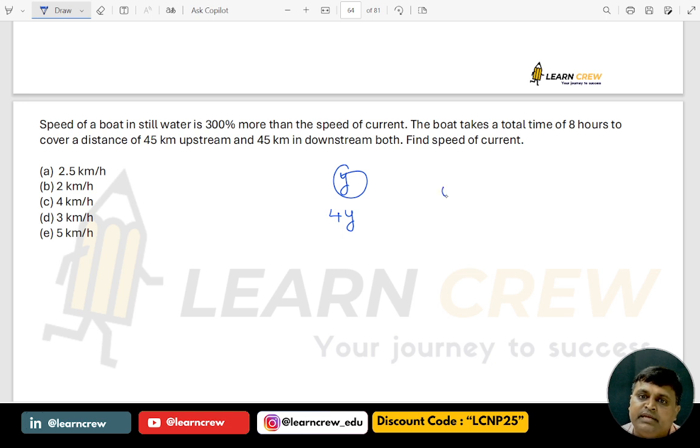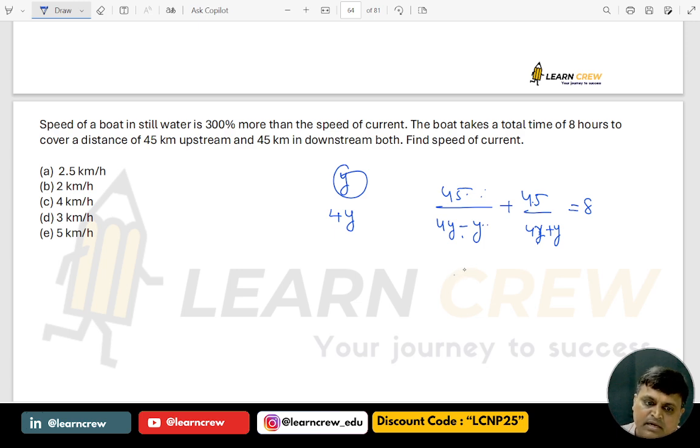So if you see here, 45 by upstream speed, 4y minus y, plus 45 by downstream speed, 4y plus y. Distance by speed for upstream, distance by speed for downstream, this time and this time together is 8 hours. So if I simplify, how much am I going to get?